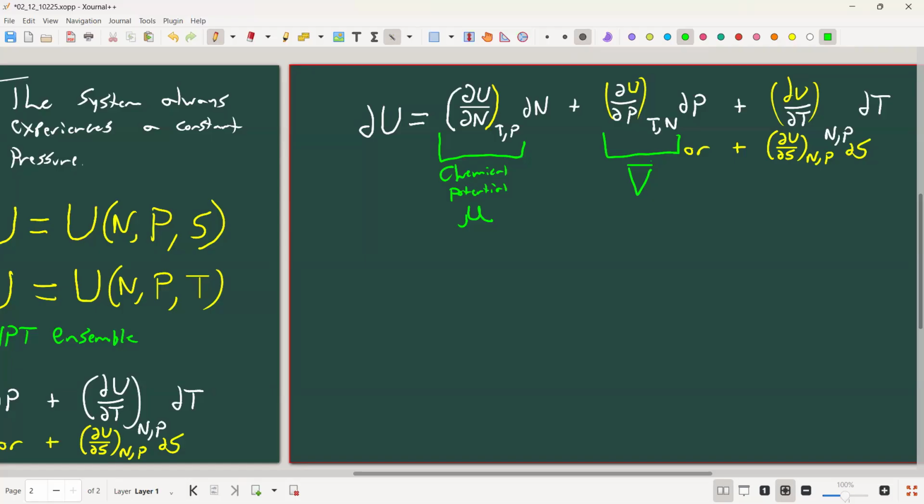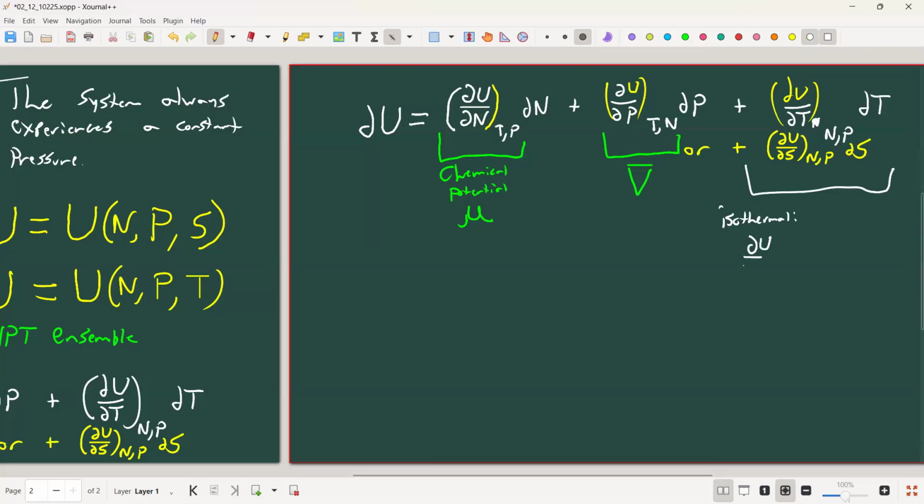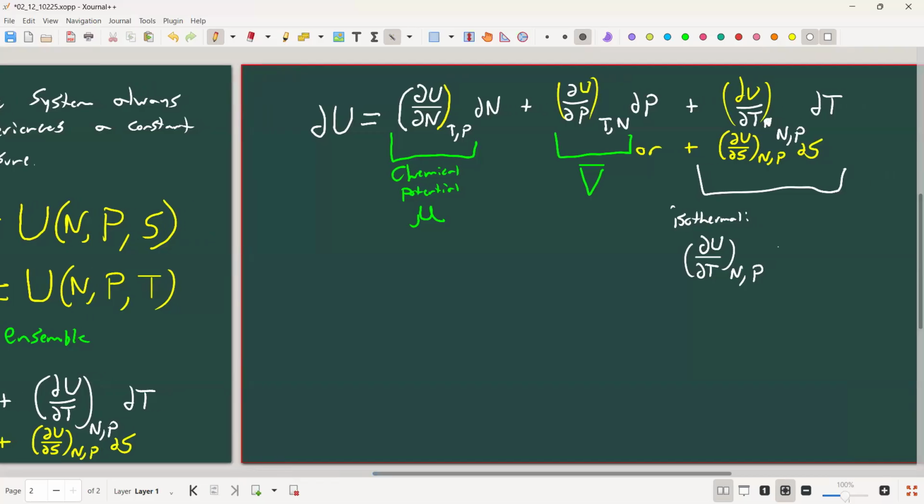Again, it depends on which one we pick, but it's the same idea. This needs to be, oh, it's a constant. So let me just take this down, right? So if we have an isothermal box, we have dU/dT at constant N and constant P. It doesn't have a special name.